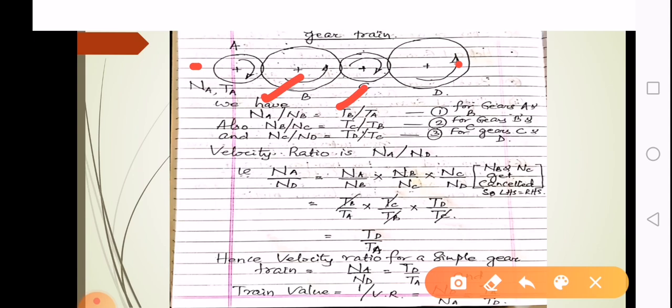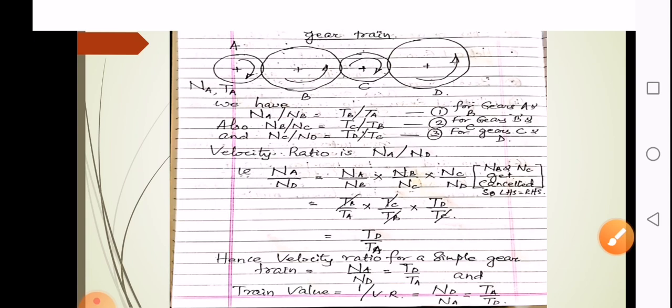Suppose I remove B and directly mesh A with C, then A will rotate clockwise, C will rotate anti-clockwise, and D will again rotate clockwise. So these are called idler gears, and idler gears are only used to control the direction of motion of the driven gear.